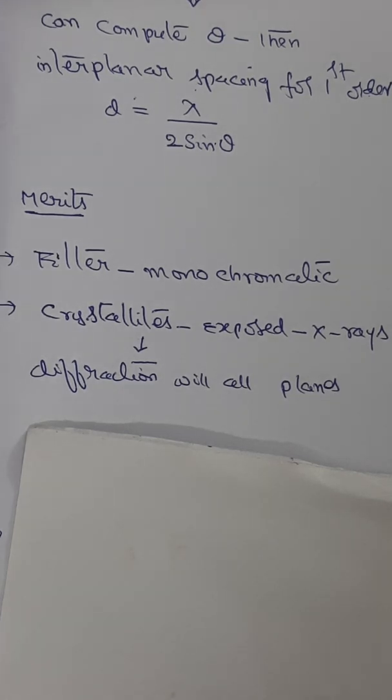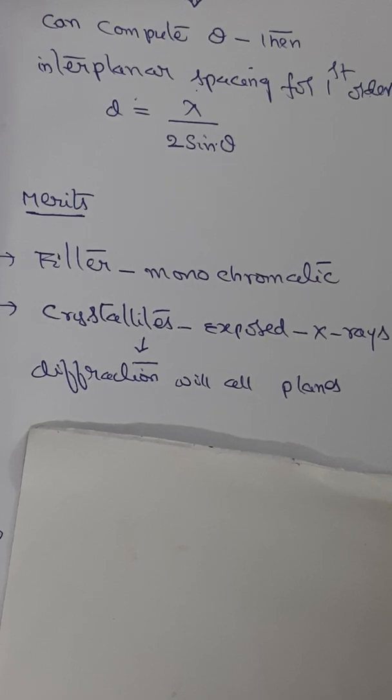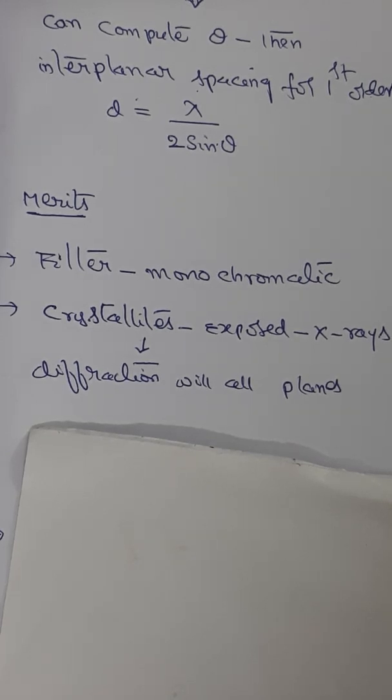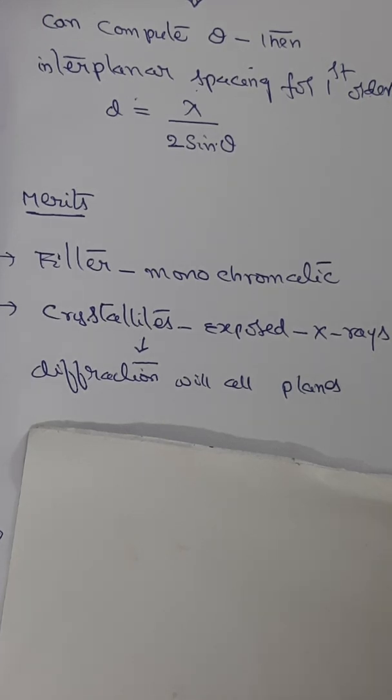One method is what is known as the Laue method, where the crystal whose structure is to be studied is kept stationary and exposed to a continuous X-ray beam, where the beam, after passing through the pinholes of lead diaphragms, is allowed to fall on the crystal. Thereby crystal planes in the crystal diffract the X-rays, satisfying Bragg's law. And then the diffracted X-rays are allowed to fall on a photographic plate.